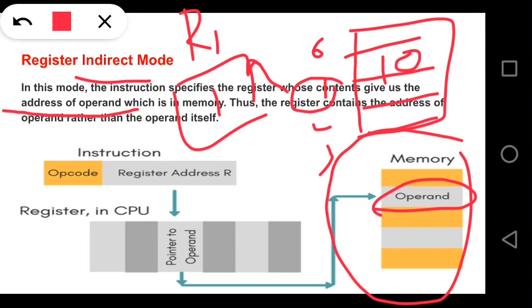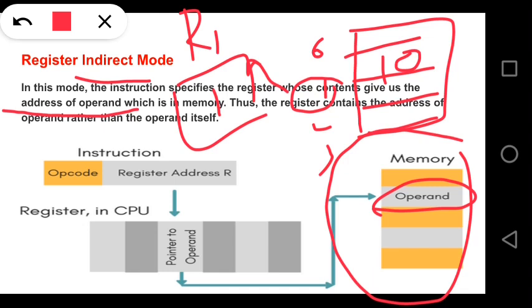So in register indirect mode, remember one point. The first point is that the operand is stored in memory, in a particular memory location with a specified address, and we know that each memory location has a unique address.